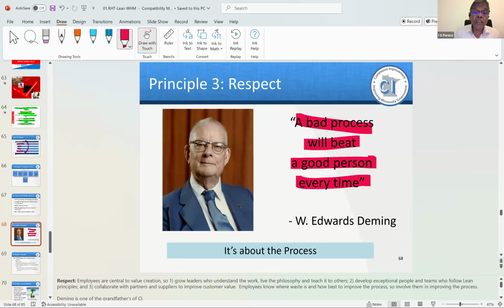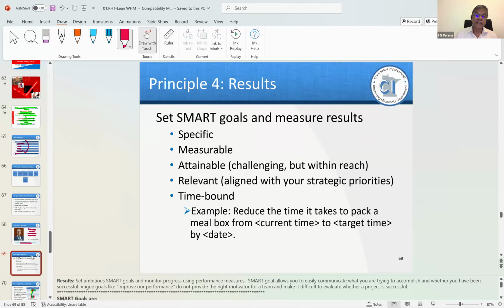But if you engage with a bad process, what will happen? You will fail. Not because you are not good, because your system is not good. Your process is not good. Therefore, everything is about the processes and result focus. The results go by the SMART principles: specific, measurable, attainable, relevant, and time bound.